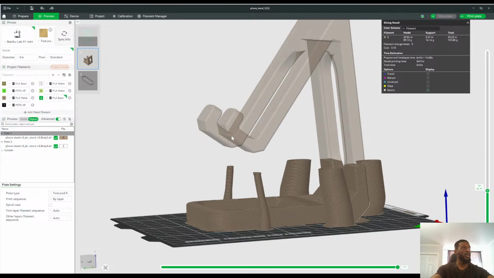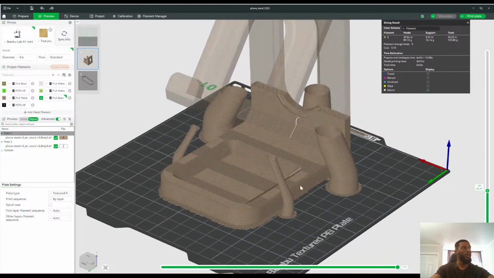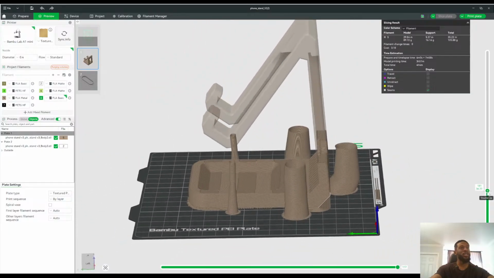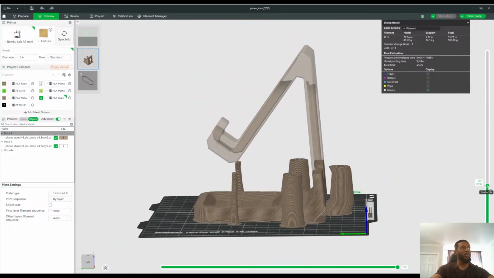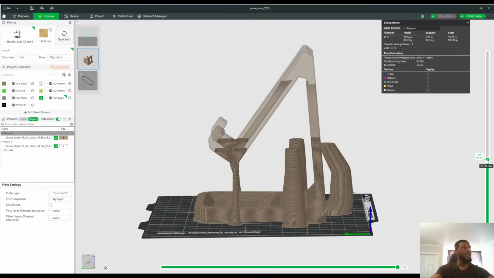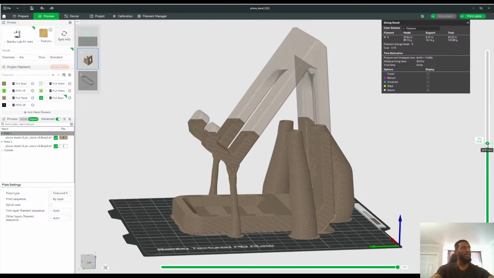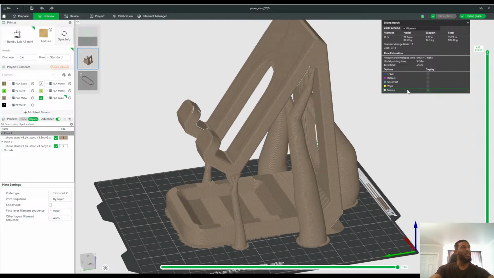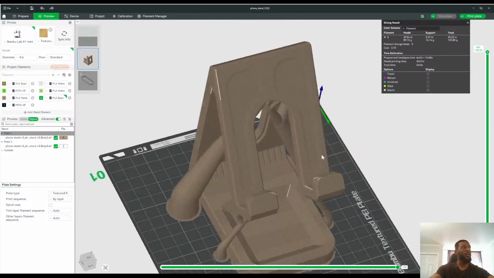That's impossible to do. That's why we have to start by making supports for any floating region, and then you go all the way up, and then you have the complete file.